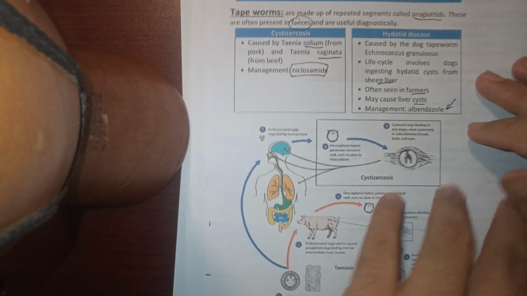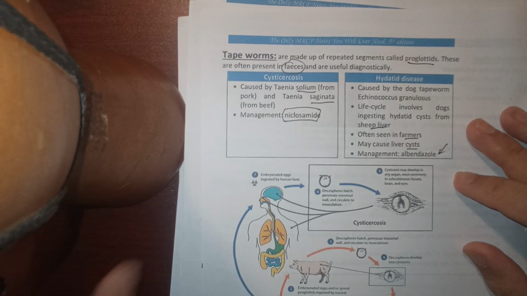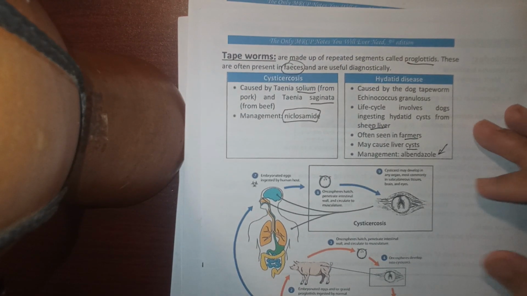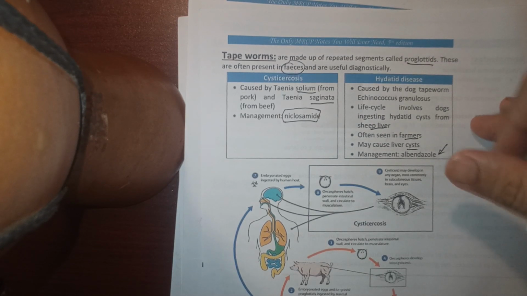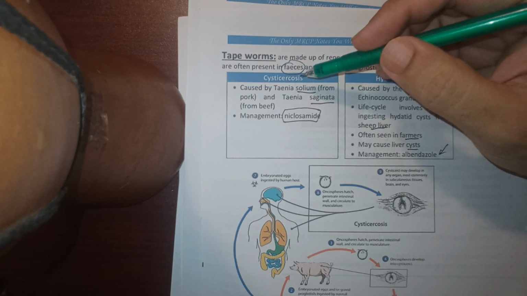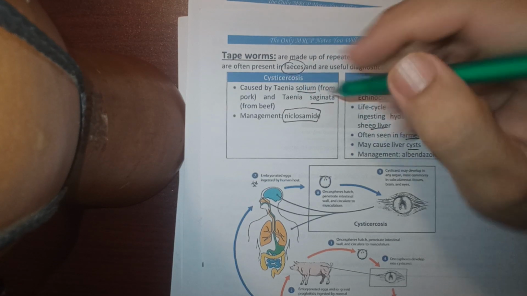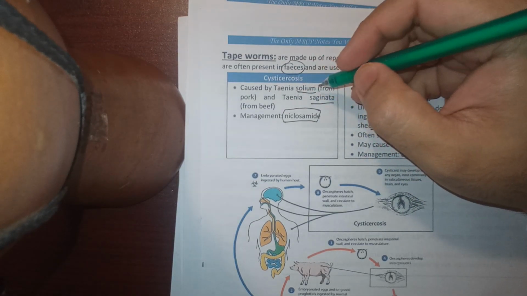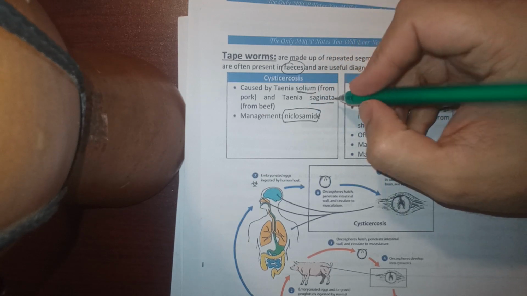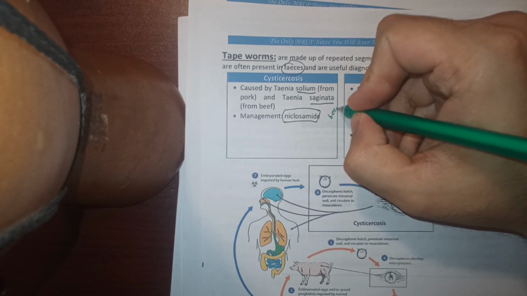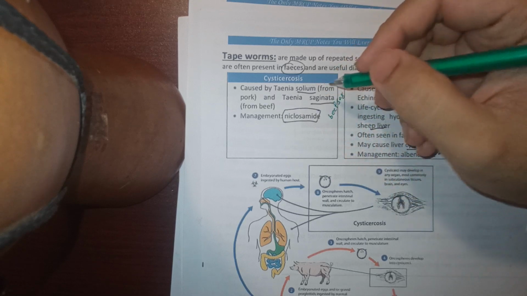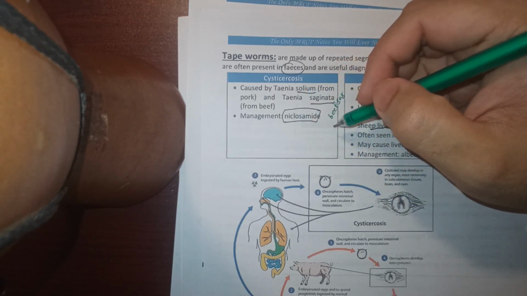Tapeworms are made up of repeated segments called proglottids. These are often present in feces and are useful diagnostically. Okay, this tapeworm causes cysticercosis, caused by Taenia solium from pork and Taenia saginata from beef. Management is niclosamide.